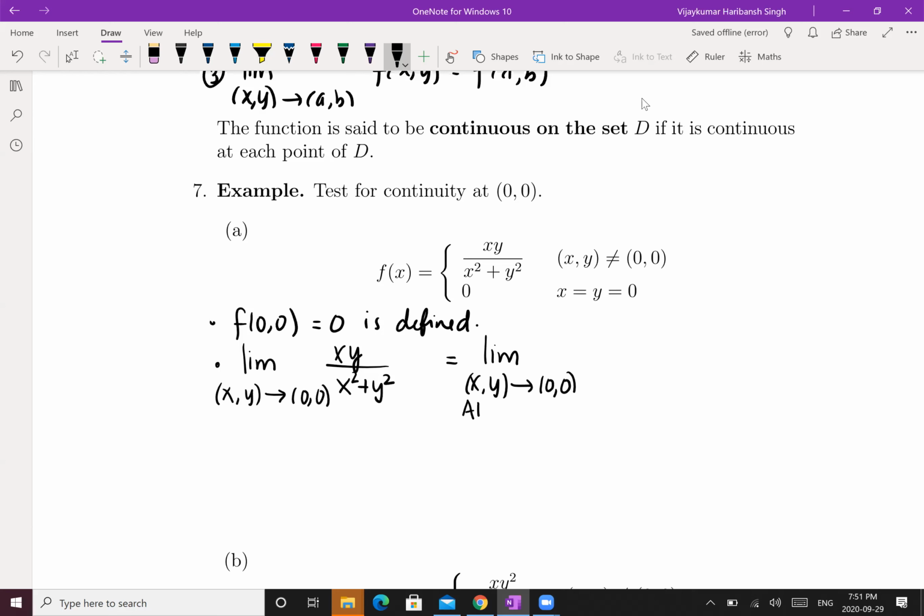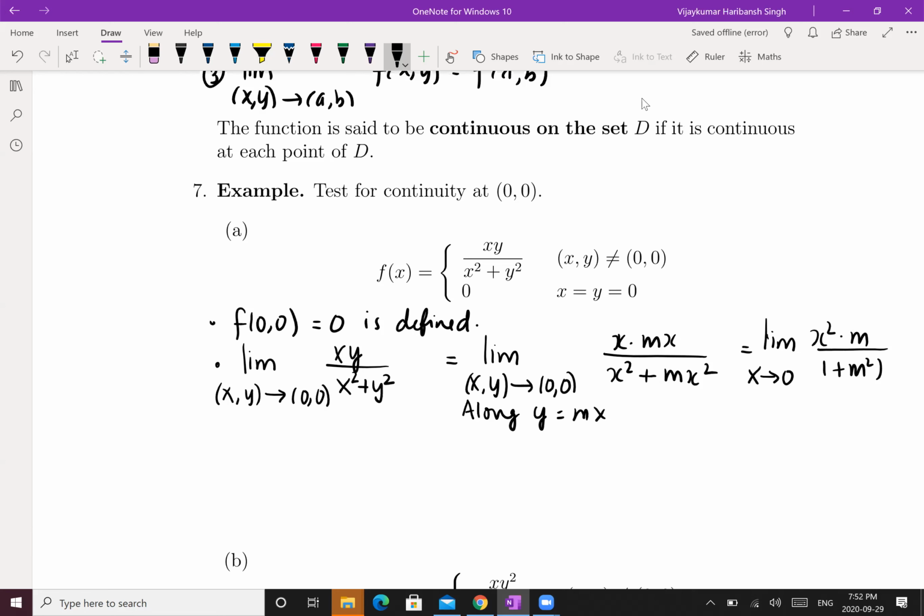Now let's take a path along y equals mx. We get, instead of y, I'm going to write mx, divided by x squared plus m squared x squared, where I take x squared common. If x goes to 0, then y goes to 0, so you can write this as a one-dimensional limit as well. You have x squared times m upon 1 plus m squared times x squared. These cancel out. You get m upon 1 plus m squared.